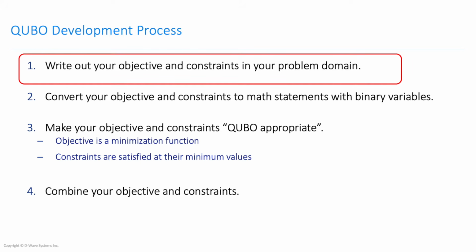We make them QUBO appropriate, and what that means sometimes is algebra, as we'll see, some way to reduce it down into a problem which looks like a QUBO that can be submitted to D-Wave software. The objective is a minimization function. The constraints are satisfied at their minimum values. Combine the objective and constraints, and then we've got a QUBO that's ready for programming.